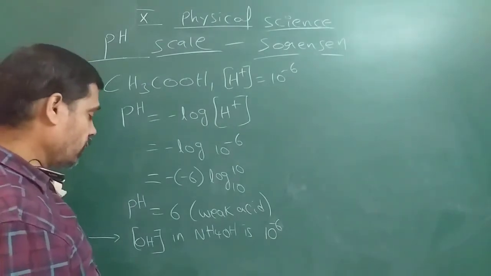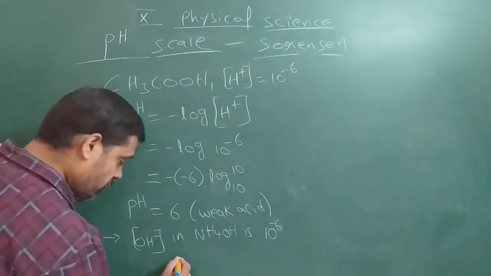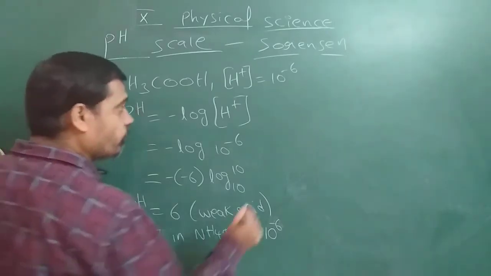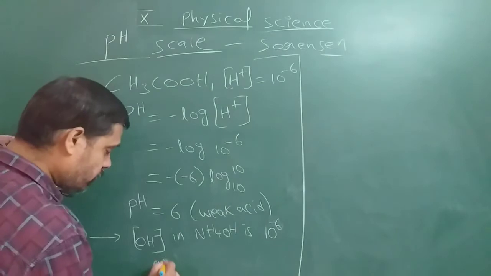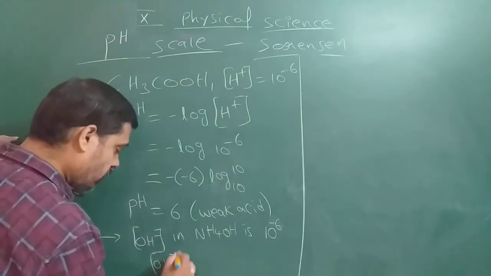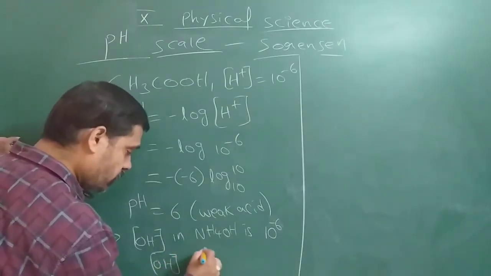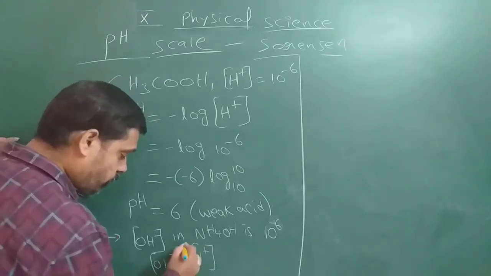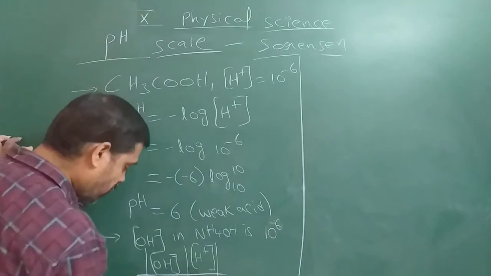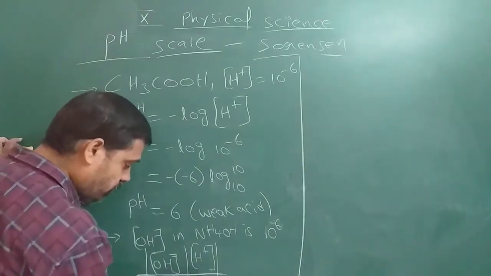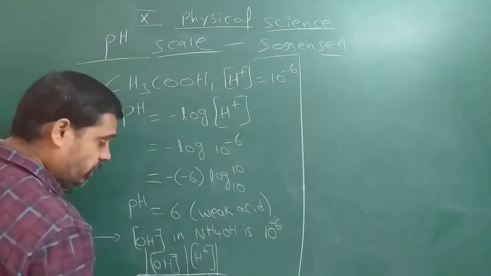Then what will happen? The OH minus ion concentration and the H plus ion concentration we have to compare. If the OH minus ion concentration is 10 power minus 6, then the H plus ion concentration will be 10 power minus 8.